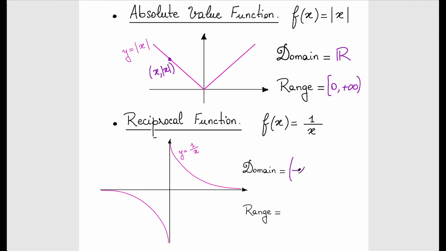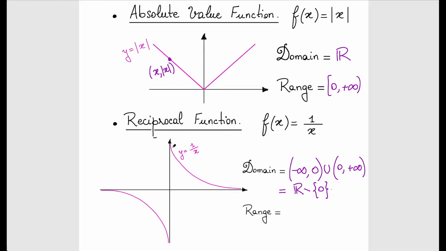So minus infinity to 0 union 0 to plus infinity, which we can also represent using set difference, the set R minus the set {0}, as we found in the very first video. Okay, so the range, and this is the graph actually.